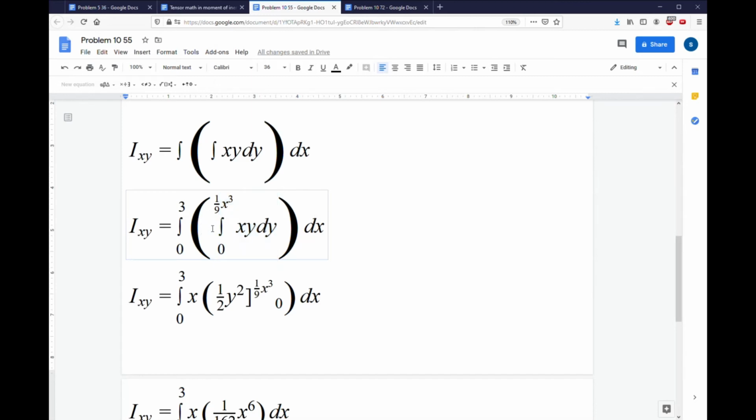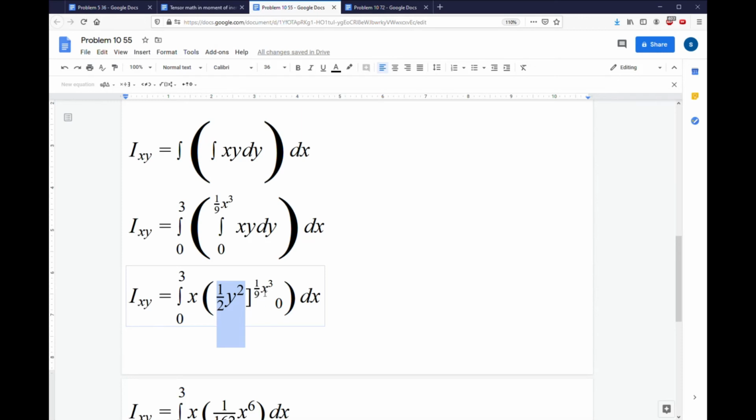All right, so at this point it just becomes not so simple, but relatively straightforward. Take the integral of xy. x is a constant, so I can pull that out of the integral. So the integral of y dy is 1/2 y squared. Use the bounds of 1/9 x cubed and 0.